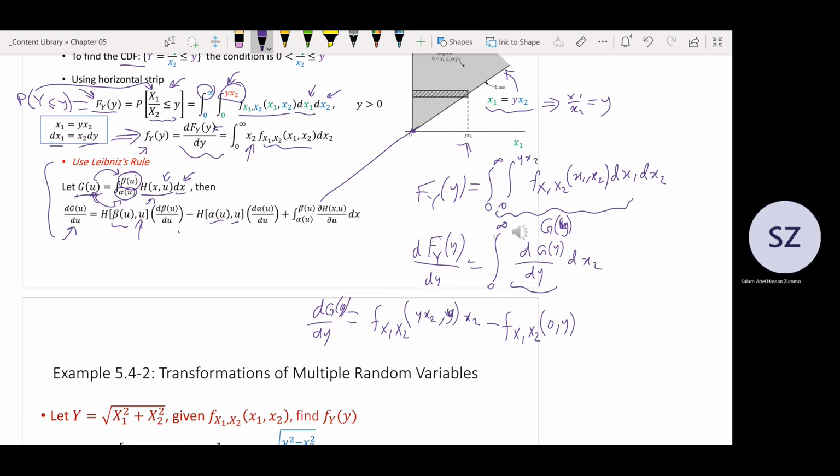And then the derivative of the second limit, this is 0. That's the integral with the same limits, x2, the derivative of this.